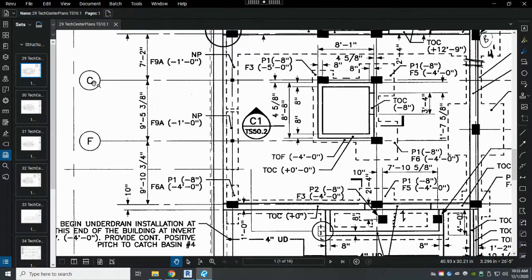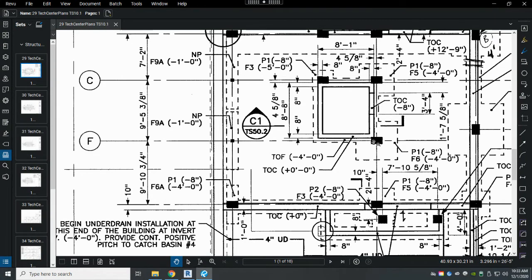If we look at what they are locating, they're locating the columns that are creating the structure around the elevator shaft. So this is the elevator shaft, and it's a cavity that's going from one floor to the other. And so we need to have columns there that are supporting the floor framing that goes around that cavity.